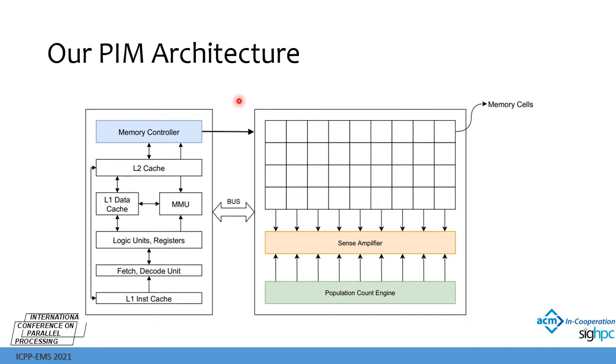On the right hand side is a memory device, and the sense amplifier can do the bitwise operations for the memory cells. There is also a popcount engine, because the sense amplifier can only do bitwise operations, but we need popcount operations for binarized convolution.